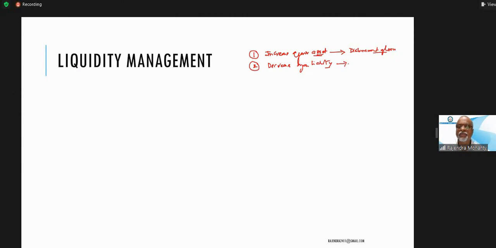Suppose somebody's deposit is maturing. You want to pay the matured deposit, or even a premature deposit. When somebody is trying to withdraw the amount from his account, at that time you need fund. So this is when the fund is required.